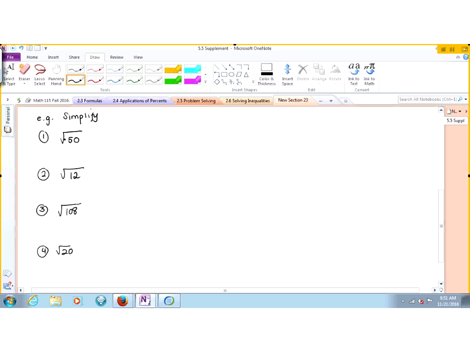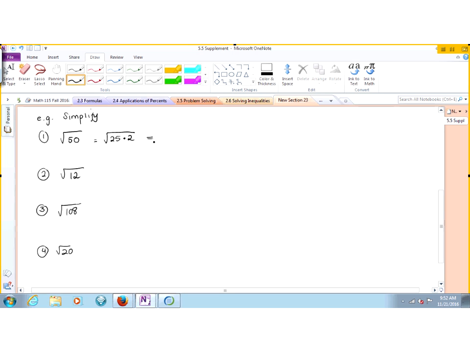So I need to factor out the largest perfect square from 50. And what is that? Can I say 5 and 10? No, why not? Because 5 is not a perfect square. What about 10? No. So what is the square root of 50? The square root of, what is it, 25 times 2.